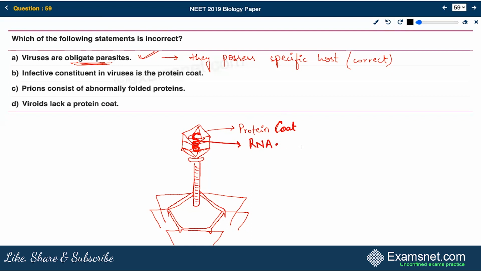This RNA is the infectious agent, not the protein coat. So this is the incorrect statement. RNA is the infective constituent in the virus.